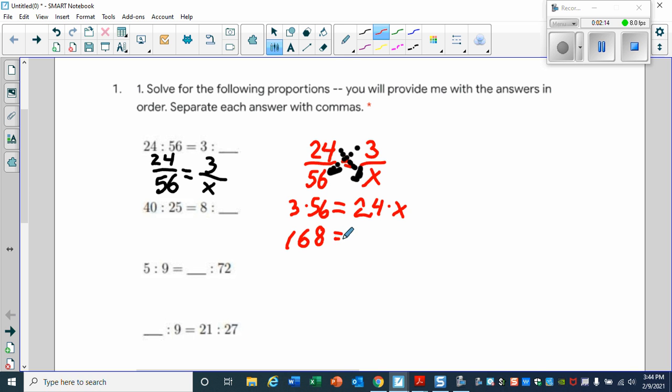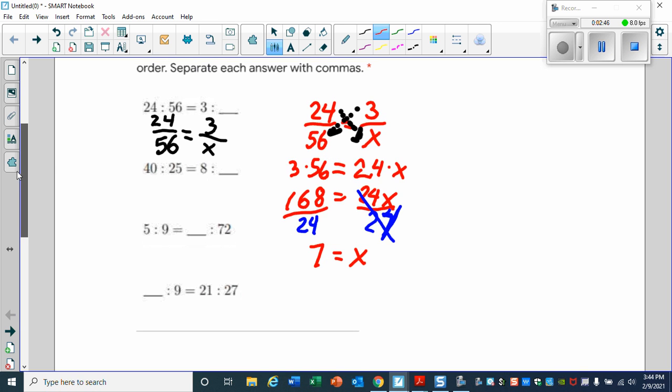And that equals 24x. And then, of course, divide both sides by 24. And I believe your answer will be, oops, that's a 4. 24's cancel, 168 divided by 24, 7. Now, if you wrote it as x equals 7, that's fine, or just plain old 7.